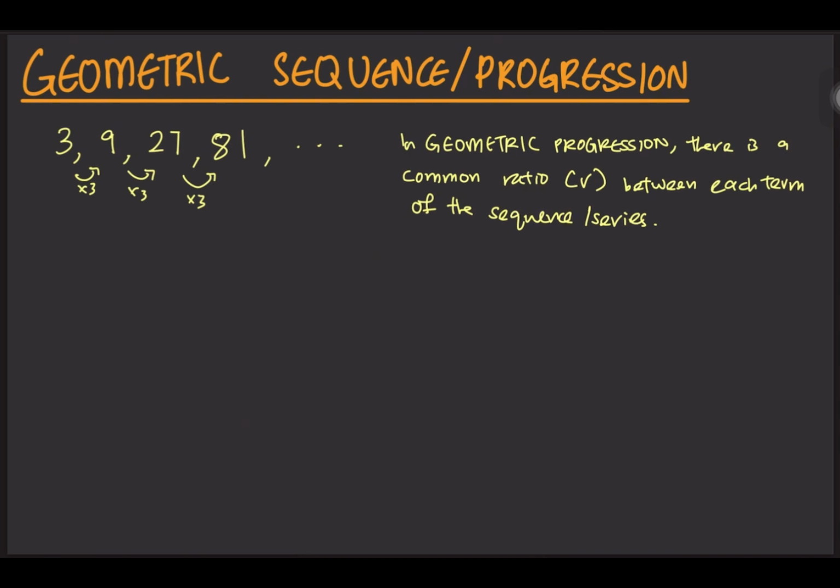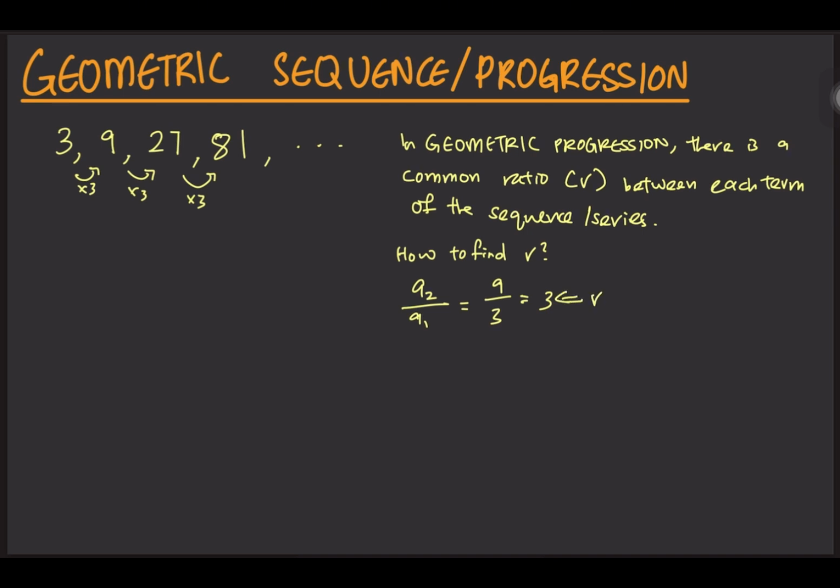In this case, how do we find the common ratio? Well, we take the second term divided by the first term. In this case, 9 over 3, we get 3. That is our r.